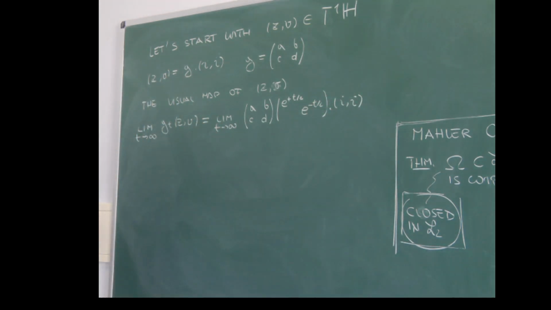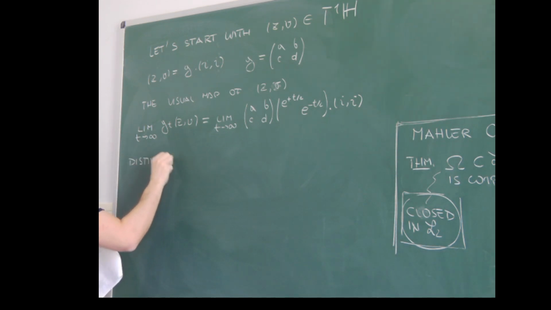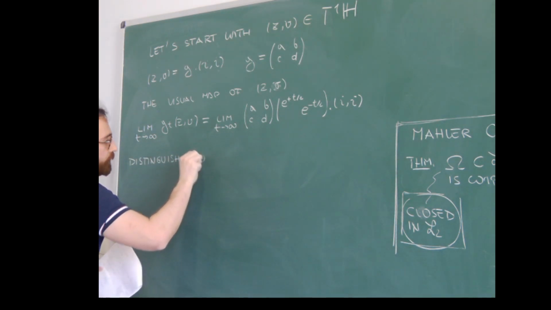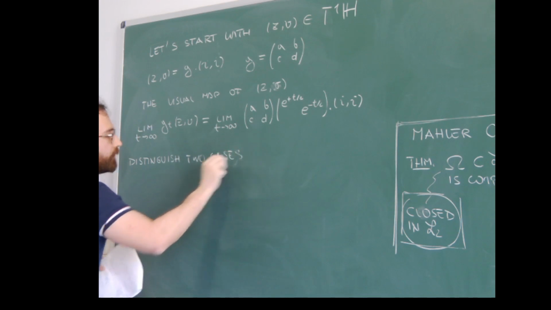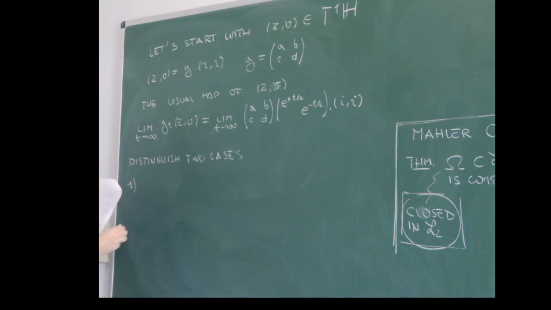Okay? Good. So now let me distinguish two cases. One is the case where A is different from 0, and two is the case where A is equal to 0.